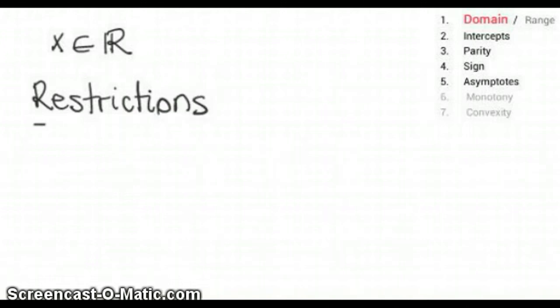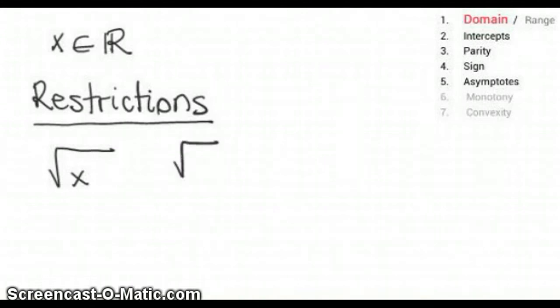So let me tell you what I mean. For example, if you have a square root of a number, you know for sure that for now, unless you've learned complex numbers, you only know how to calculate the square root of a positive number. Root of 9 is 3.